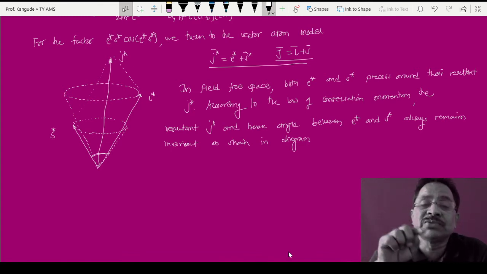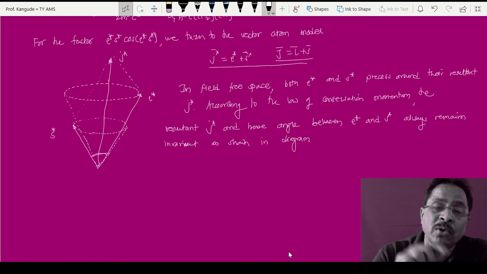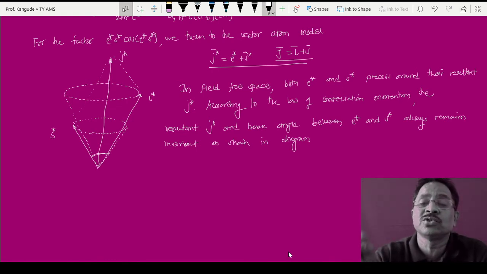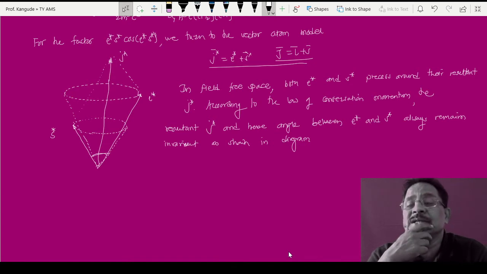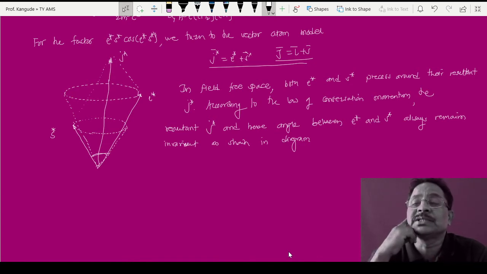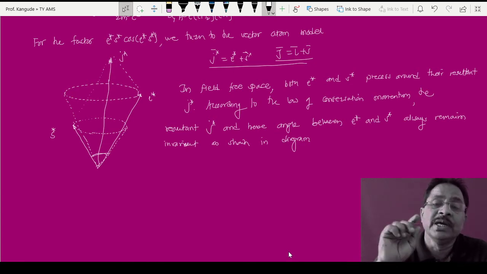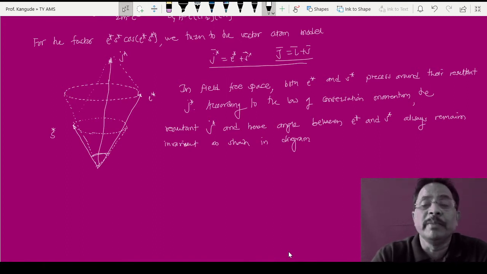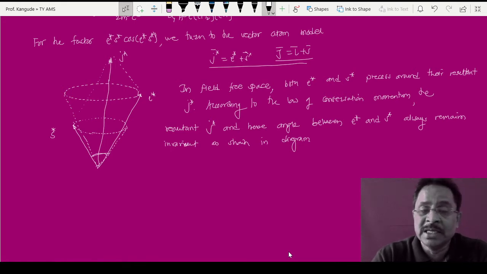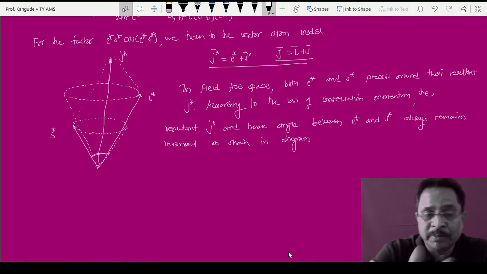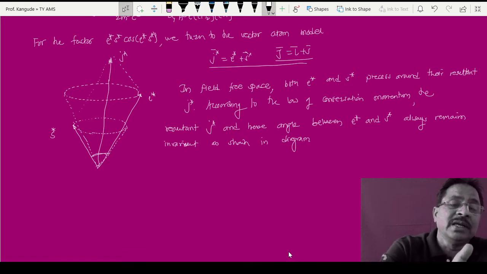That's why I could plot this vector diagram, because of this principle of conservation of angular momentum. So in this field free space both L star and S star precess around their resultant J star. According to the law of conservation of momentum, the resultant J star, and hence the angle between L star and S star, always remains constant. Out of these, one pair is shown, L star and S star. There can be several pairs.